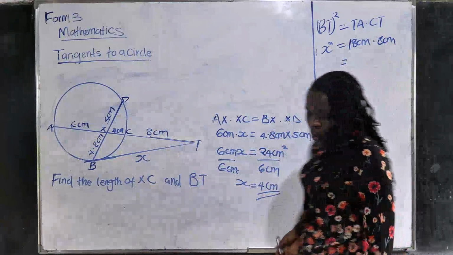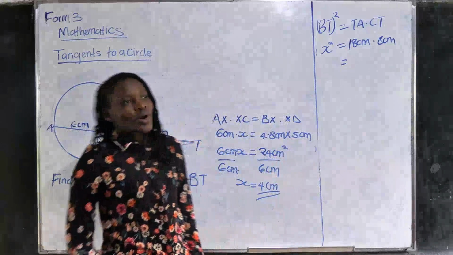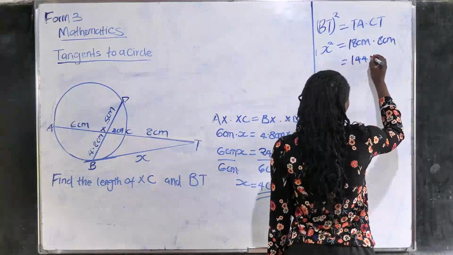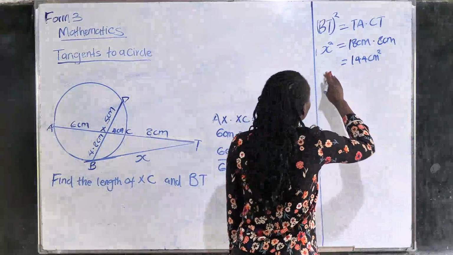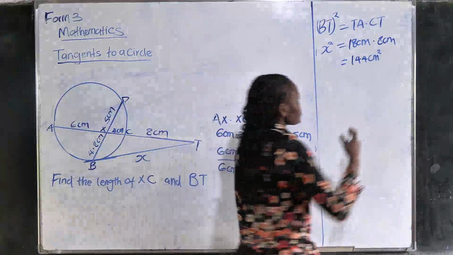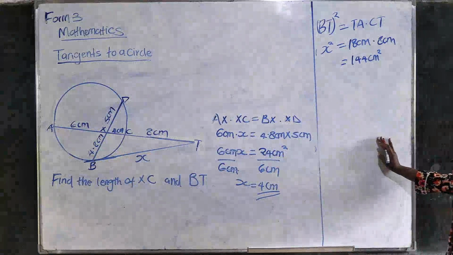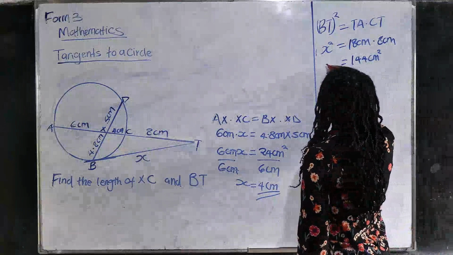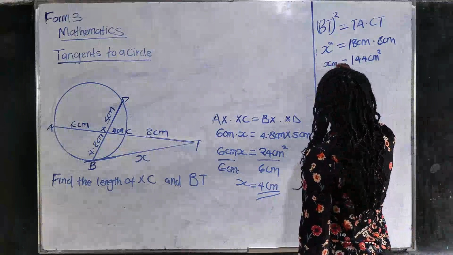When we multiply 8 by 18, we are going to have 144 square centimeter. So X squared centimeter square.